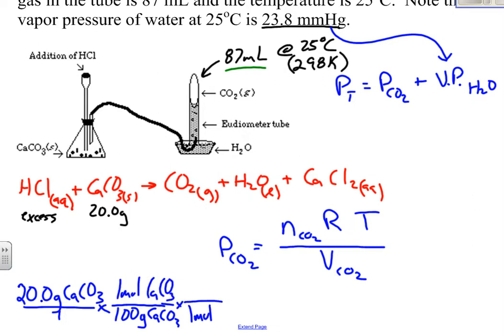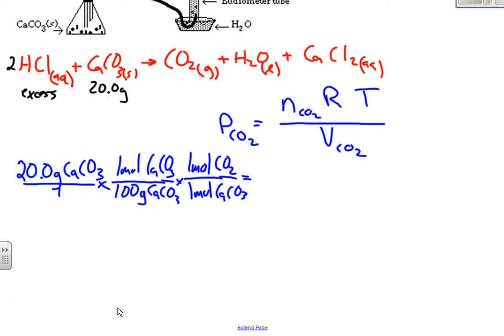And for every 1 mole of calcium carbonate, we have 1 mole of CO2. So we'd have to go through and balance the equation out, but I think you see that if we do balance the equation, everything else balances out correctly. So this is going to give us the moles of CO2.